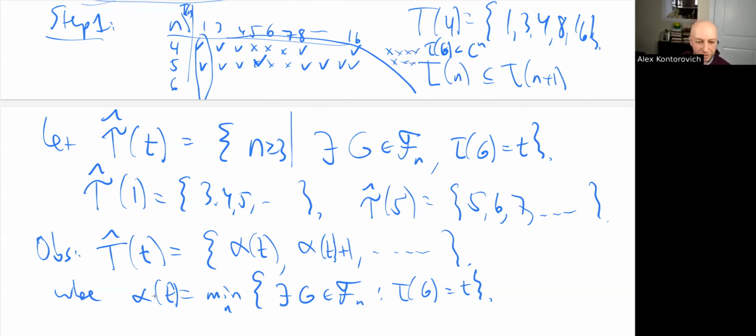Okay, so conversely, what that means about alpha of t is this. If you have some value of t and you want to know the first place where you get a check mark, after which you always get check marks, this comment has a lemma. The lemma is that alpha of t grows at least like log t.